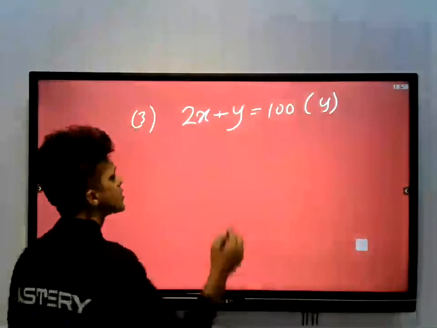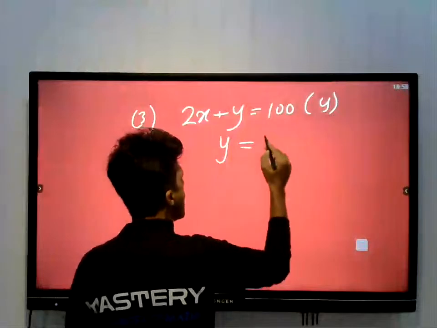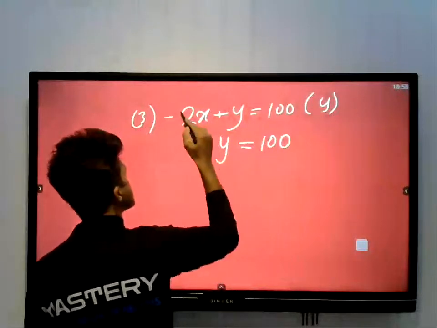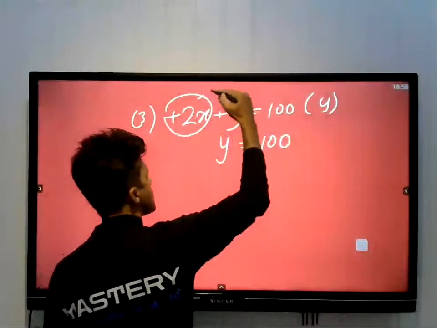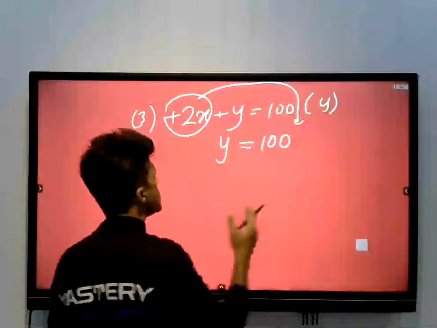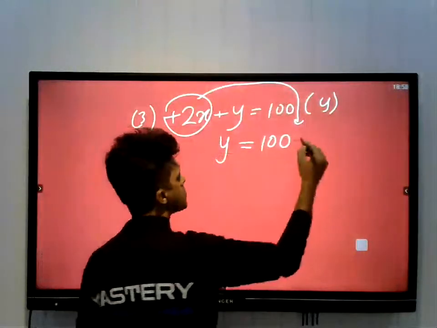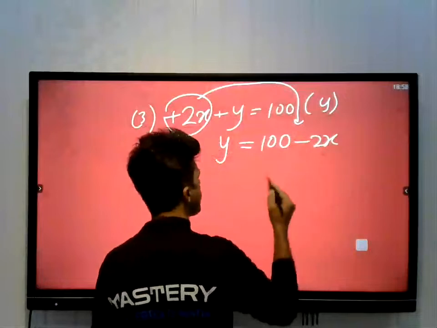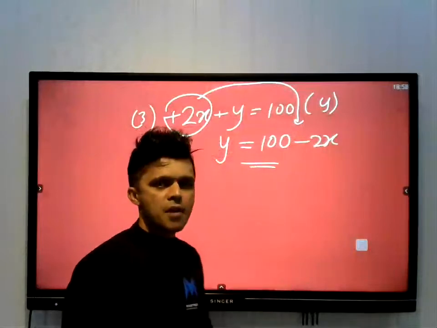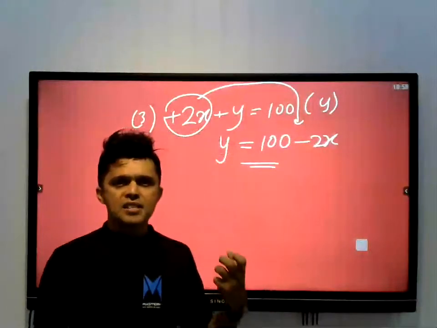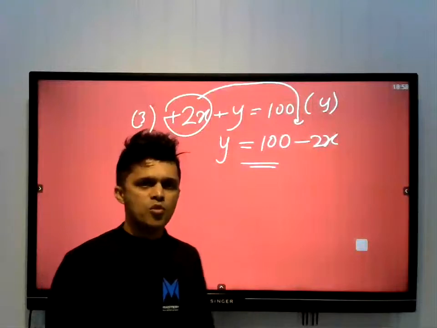Let's write. So y equals 100, and plus 2x, this whole term is brought to this side, so plus 2x becomes minus 2x. So y equals 100 minus 2x. We've written the term y as the subject of this formula.